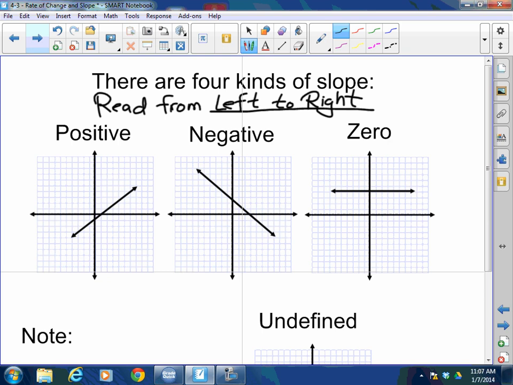So a positive slope, if you look from left to right, it's increasing, correct? So a positive slope increases from left to right. A negative slope decreases from left to right.